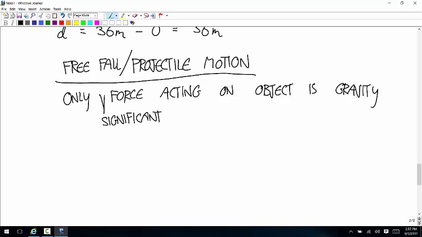This is an approximation. Anything moving on Earth is affected to some degree by air resistance. It's never true, it's always approximating motion. So when is it reasonable to make that free fall approximation?